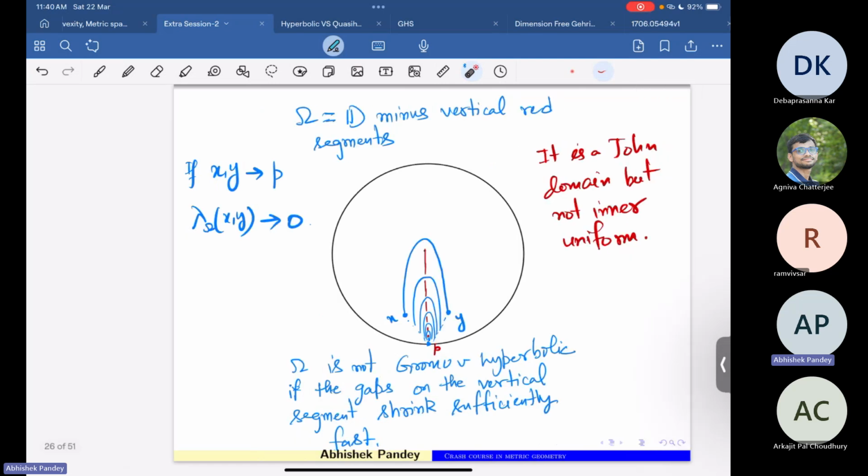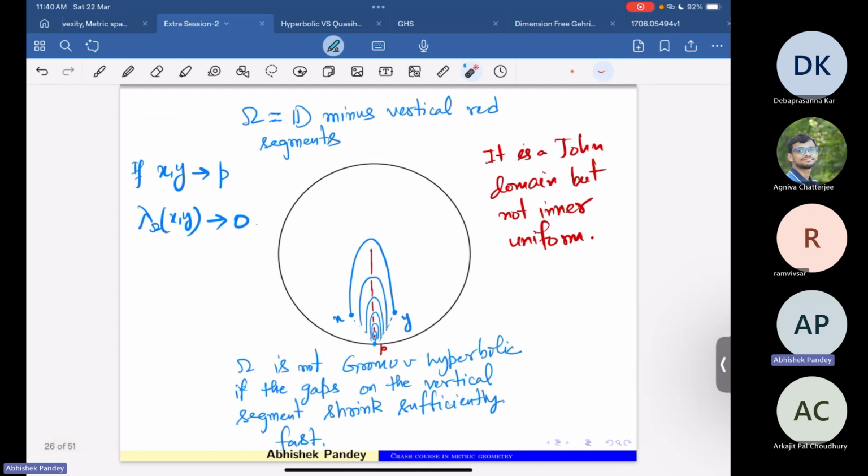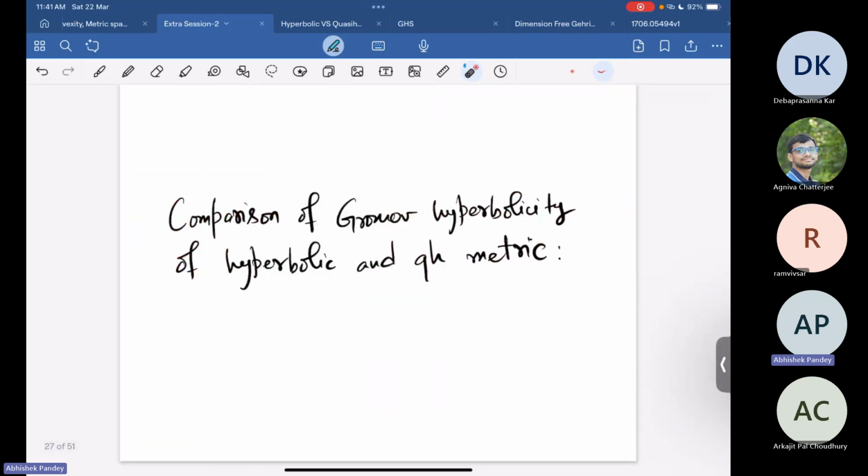Okay, the next thing is, now we have the characterization of Gromov hyperbolicity with respect to the quasi-hyperbolic metric. Now it is natural to ask what would be the comparison between the hyperbolic metric and the quasi-hyperbolic metric, and the property which we are going to compare is Gromov hyperbolicity.